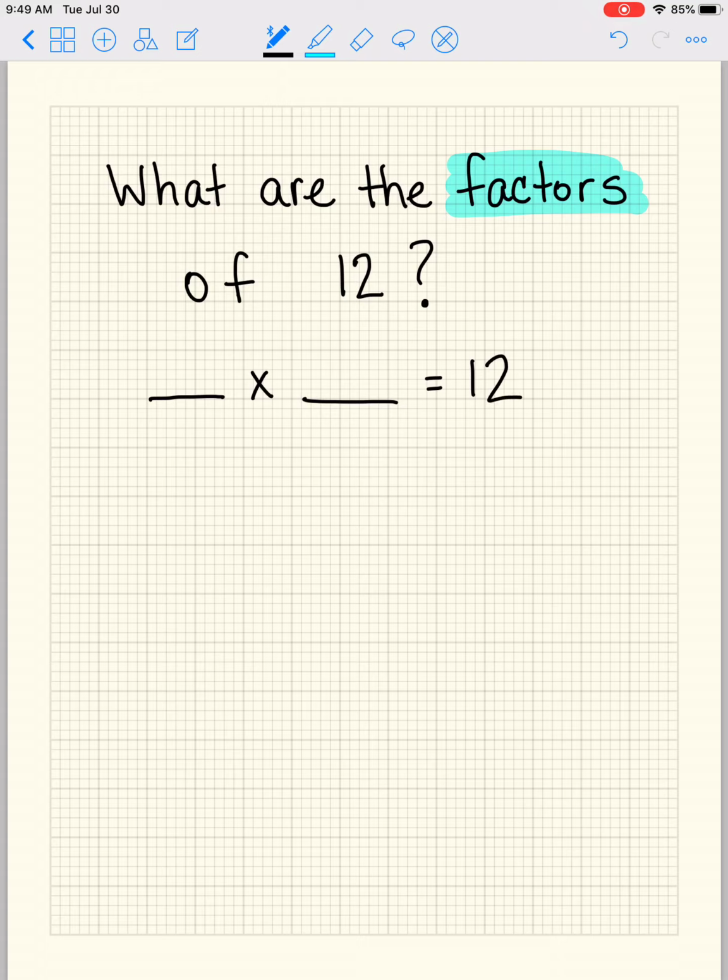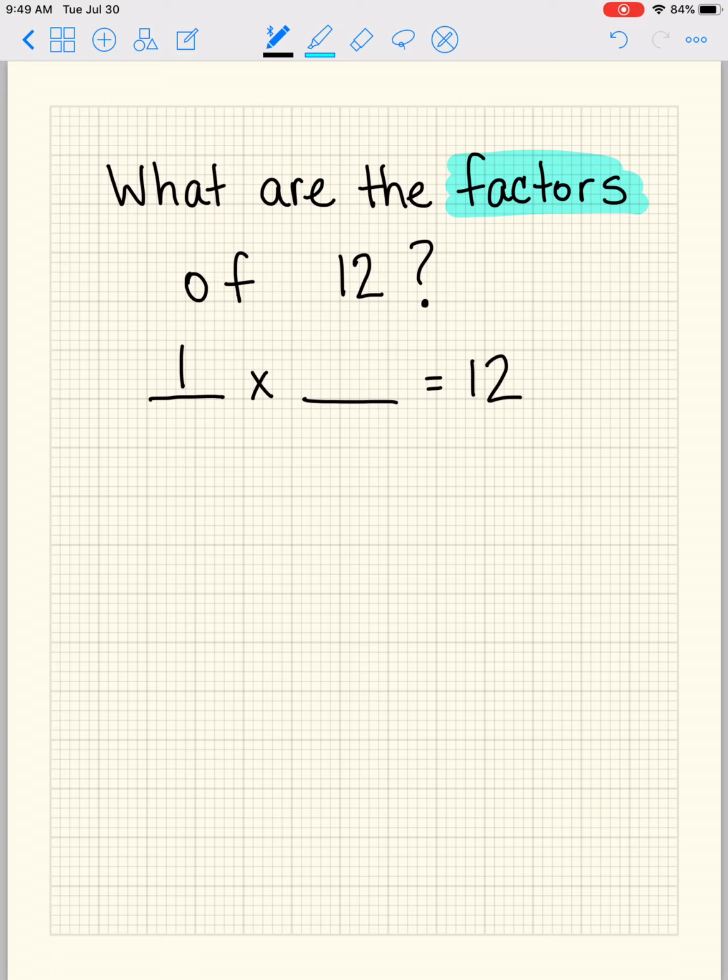Now here's where your multiplication facts are really going to become important for you to know. So the more that you can work on those multiplication facts and get familiar with them and memorize them even, the better. Now, we always know that we can multiply 1 times whatever our answer is, our product, our multiple. In this case, it's 12.